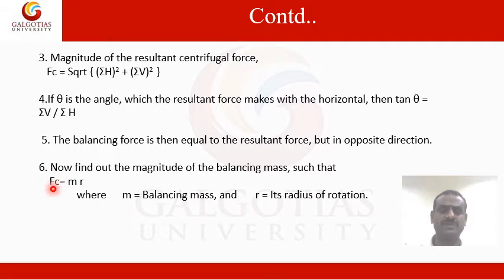Just we have to substitute the resultant force here in place of the centrifugal force in the equation m into r. Then if the radius of rotation is given in the problem, m is unknown, so we can find out the magnitude of the balancing mass by using this formula.